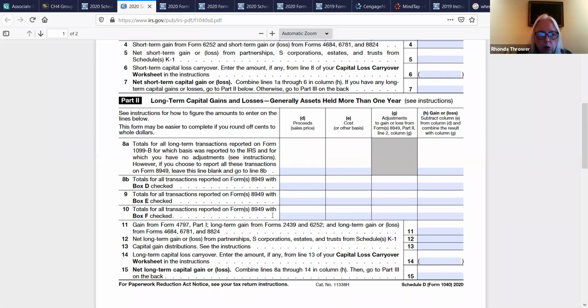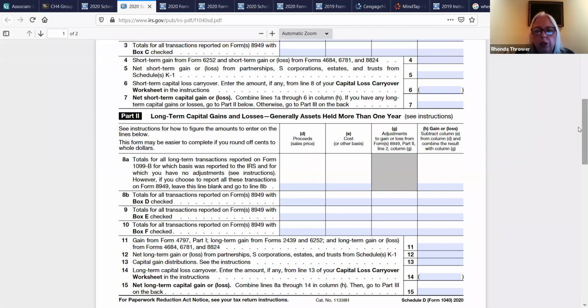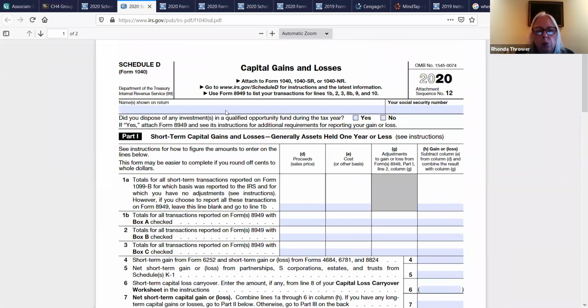So you can see here, we have to know what's on Form 8949 before we can do that. So there's a particular order you have to go through before you can fill out all of your forms.